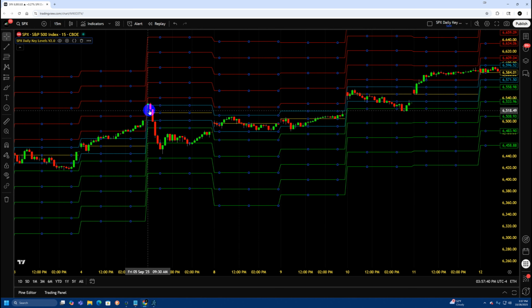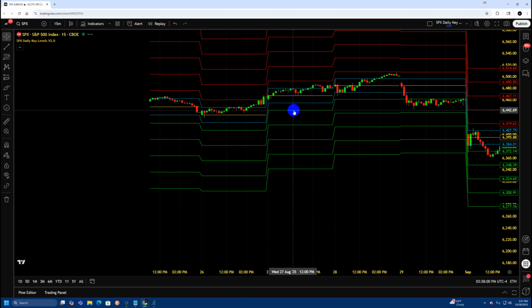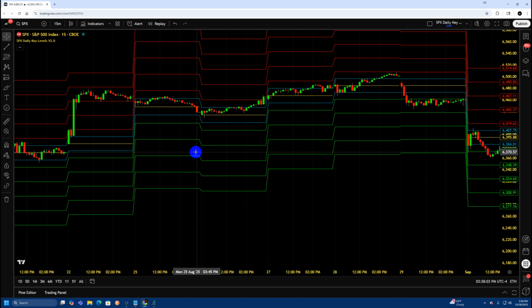Then we'll have a day like this where all of a sudden you get a move going all the way from R1 down to mid S3, S4. And here's another aberration day where we get a move that's R1, R2, R3, R4, almost to R5.